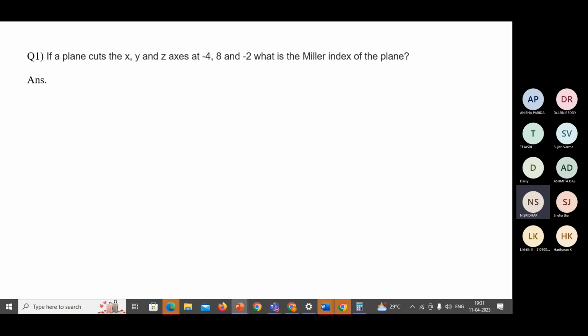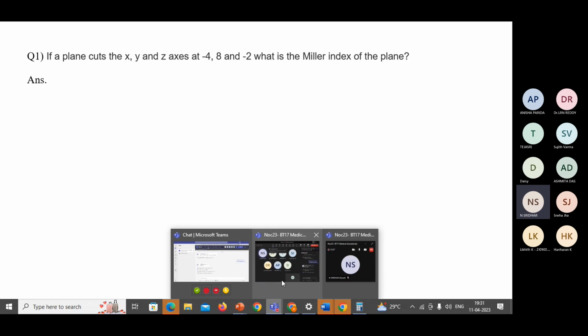First of all, take 1/4, 1/8, 1/2, and take the LCM for the three numbers. For the minus symbol, the bar means bar.